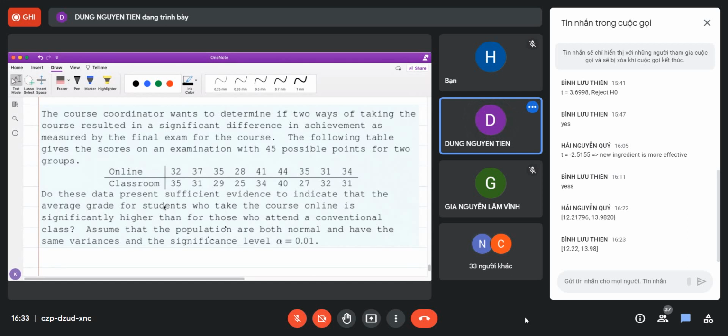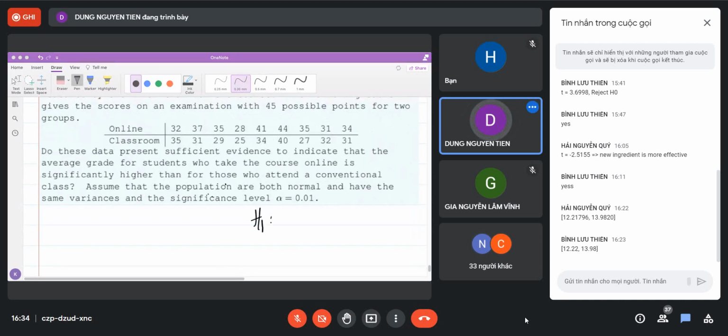What do you think? In this case, this is mu1, right?